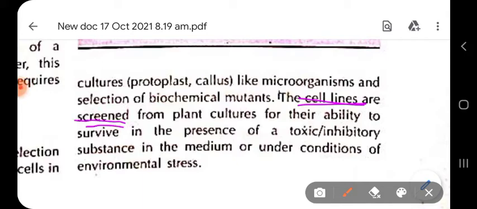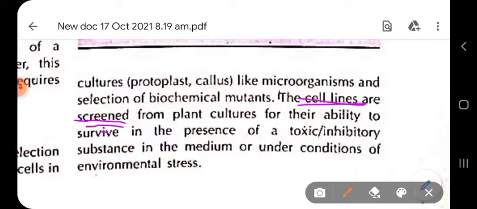Screening is done, as I have said, to check if there are some minor structural changes in their chromosomes or not by cytological study, karyotype analysis, or by electrophoresis to check their DNA, or the proteins or enzymes, if some structural change occurs or not.